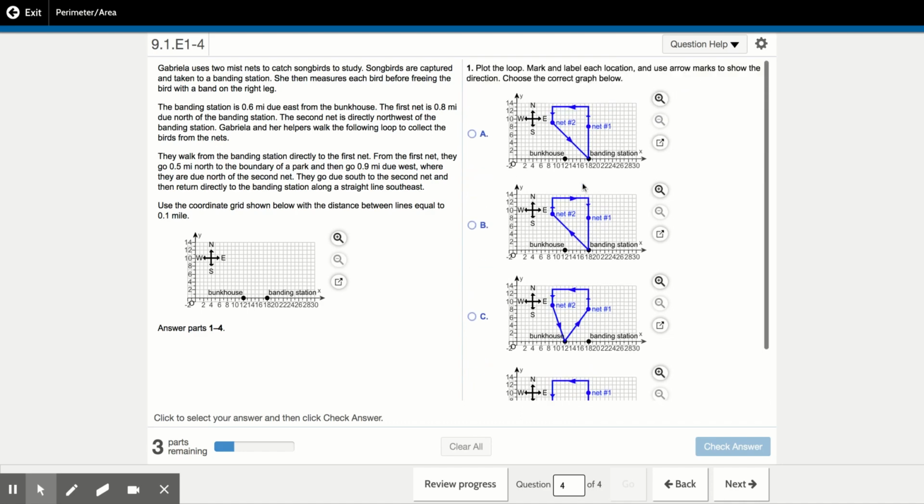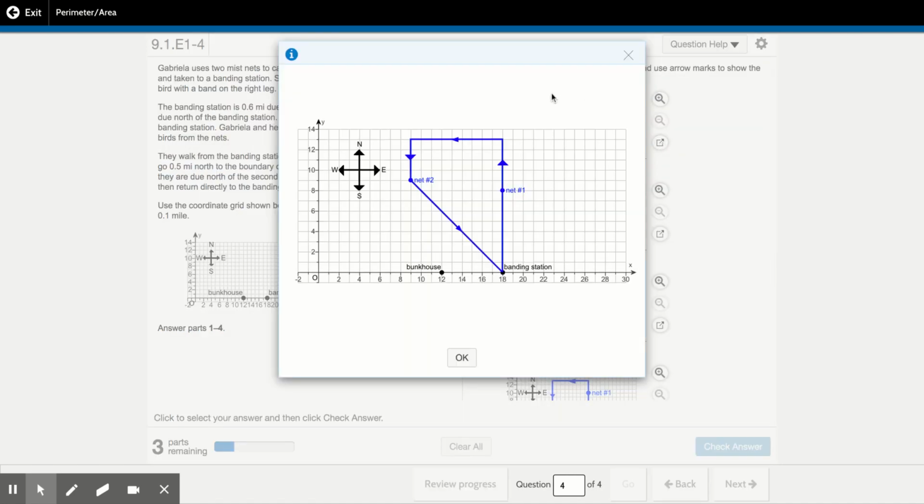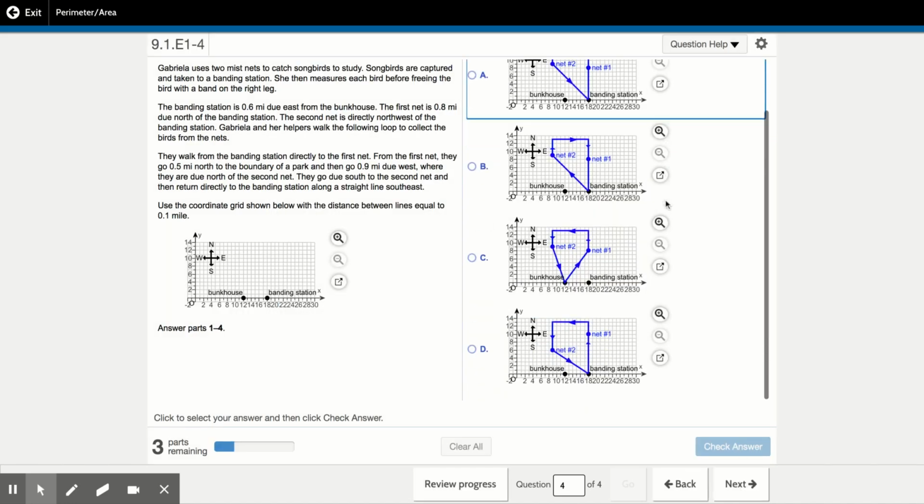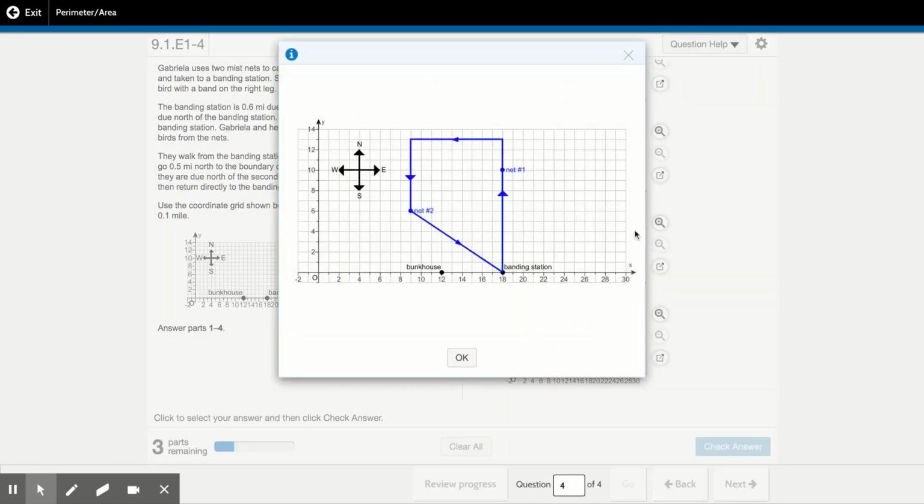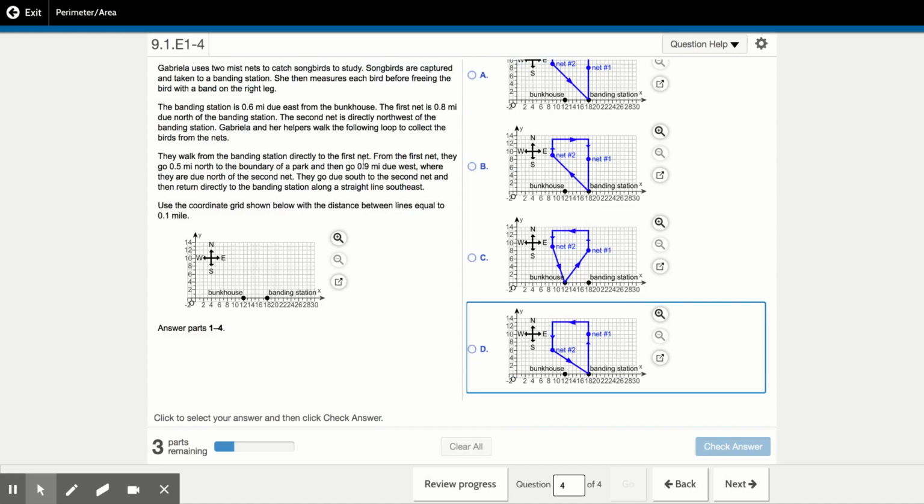So the key here is to figure out which one of these graphs goes 0.9 miles. We got 1, 2, 3, 4, 5, 6, 7, 8, 9. A goes 9. So look at D: 1, 2, 3, 4, 5, 6, 7, 8, 9. So they both go 0.9 miles due west, right?